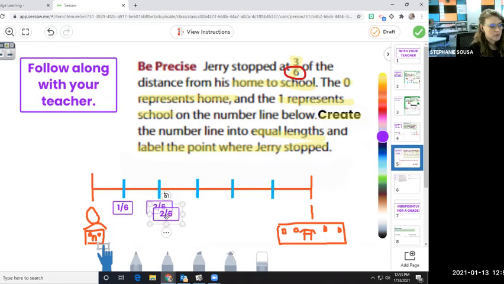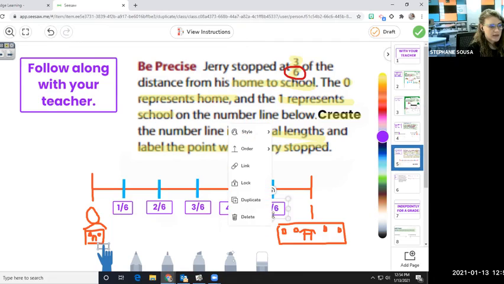I'm going to duplicate it and change it to 3/6. I'm going to duplicate it and change it to 4/6. I'm going to duplicate it and change it to 5/6.